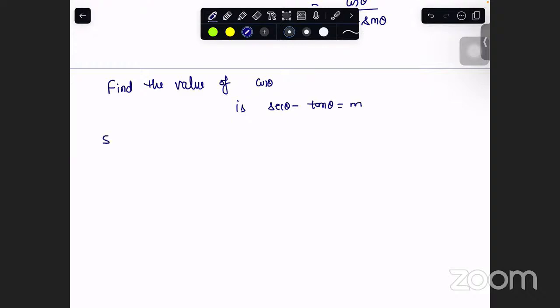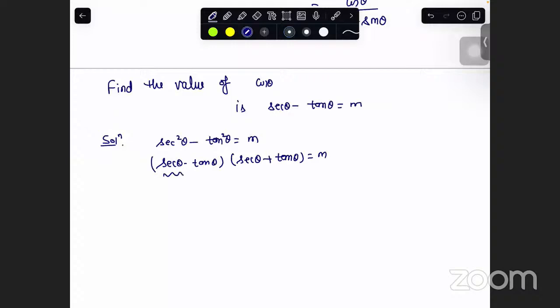See the solution. Sec theta minus tan theta is m. I have an identity which says sec square theta minus tan square theta is 1. So it became sec theta minus tan theta into sec theta plus tan theta is 1.